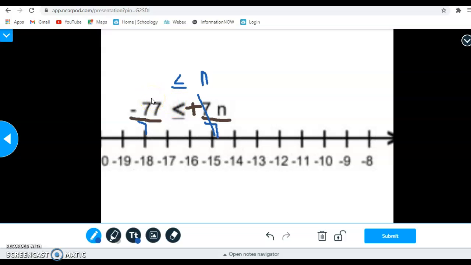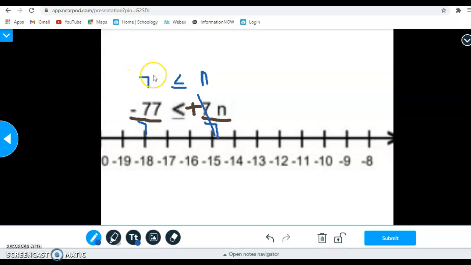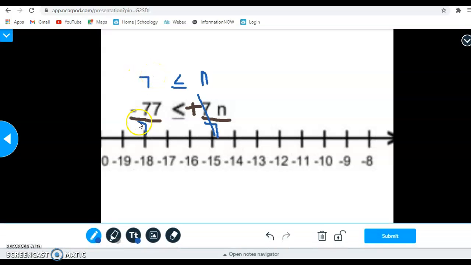The only time you'd flip your inequality sign is if the number that you're multiplying or dividing both sides by, which is this 7, is negative. In this case, since it's positive, we keep our sign and we don't flip it. So be very careful with that.